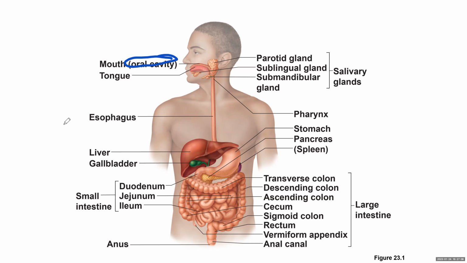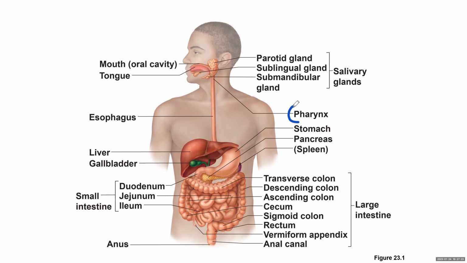So again, oral cavity, then the tongue is an accessory organ, and salivary glands, accessory organs, including parotid next to your ear, sublingual, below the tongue, and submandibular, below the mandible.